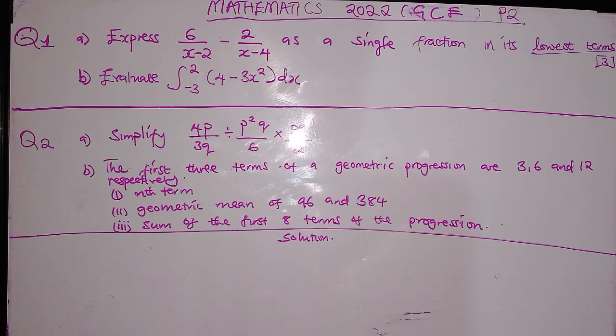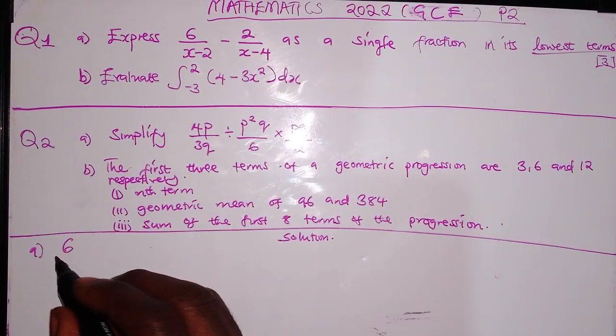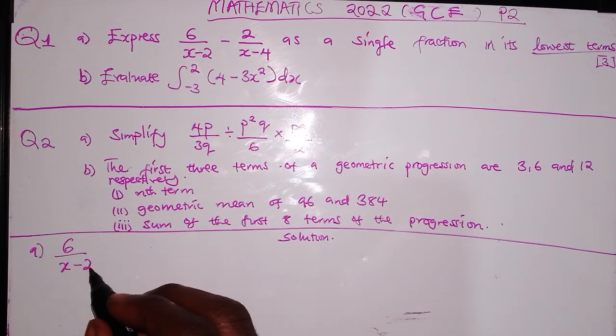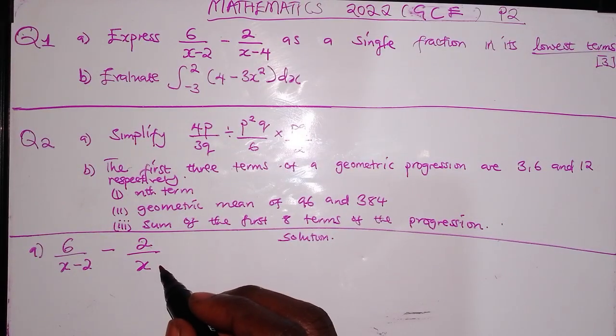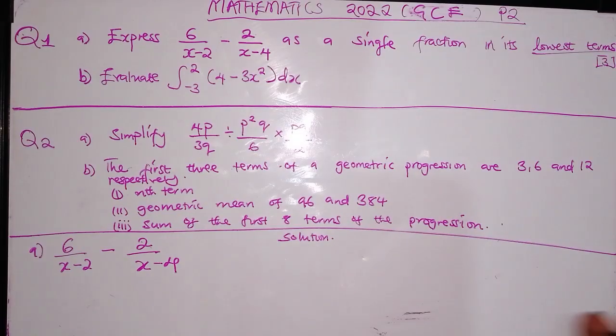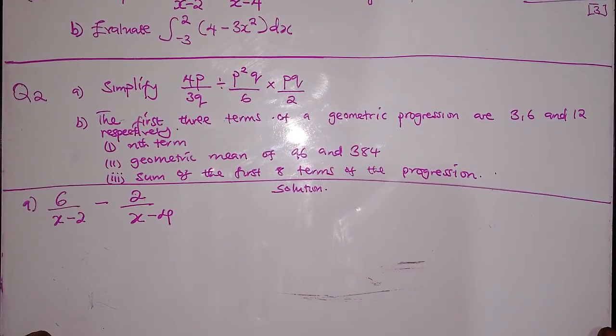So pay particular attention. We have our question, which is 6 over x minus 2, minus 2 over x minus 4. So this is the question we are simplifying.